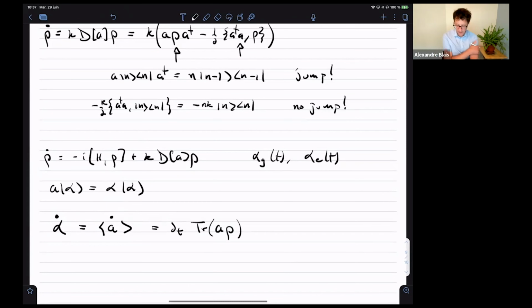The expectation value of A is given by the trace of A times rho. Let me rewrite it in this way. Fine. So now I can write this like this.